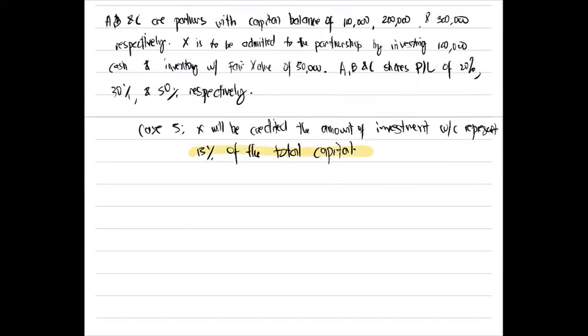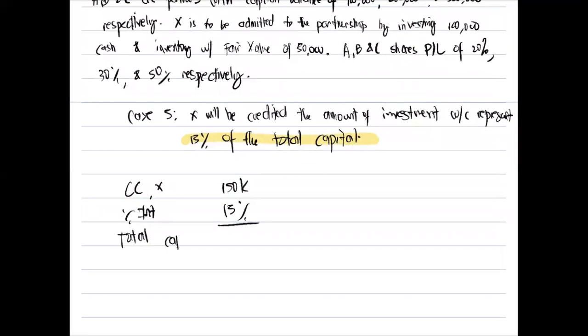So we compute for the contributed capital of X. We have 150,000. We divide it to the interest to be credited to X, 15%. So what is the total capital? We have 150,000 divided by 15%. So we have 1 million pesos.